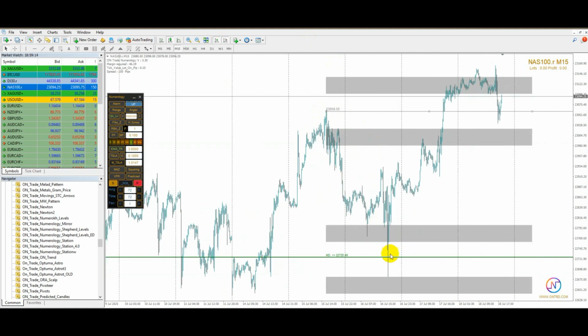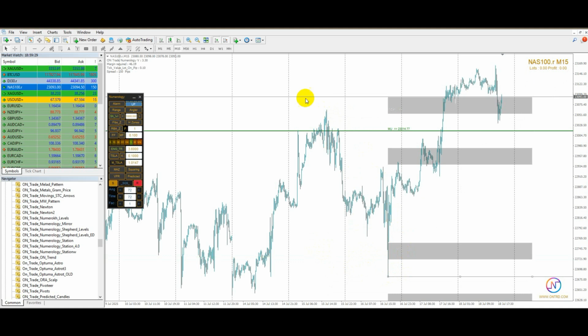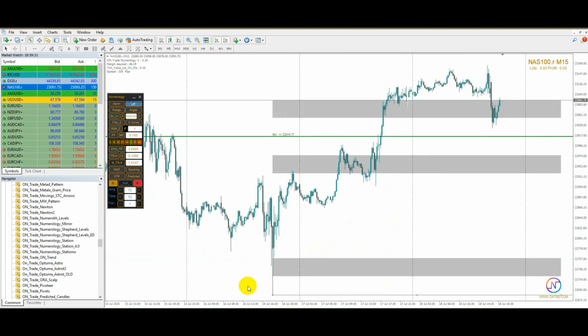Now, as we can note here, price moved down to this green line. Now this bottom is active and we are going to scan from it. As you can see here, price closed above this gray zone, and our first target is here and our second target is here.